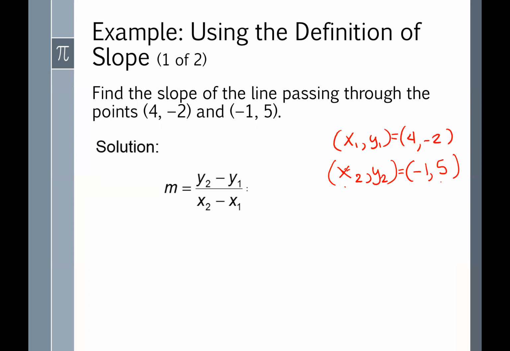Literally first and second in the order that they came in the problem description. All right, and then I'm going to plug those in. So X sub 1 is 4, Y sub 1 is -2, X sub 2 is -1, Y sub 2 is 5. So we're going to plug that in.